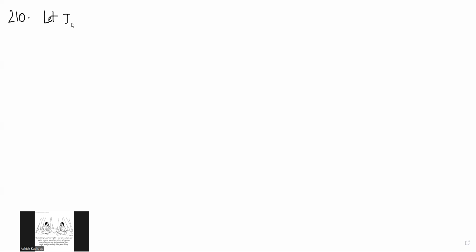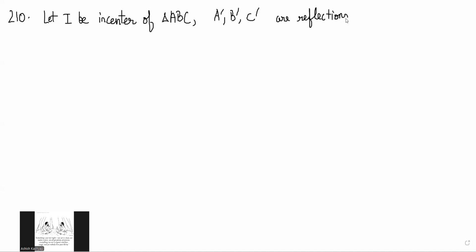Let I be the incenter of triangle ABC and A dash, B dash, C dash are reflections of I over AB, BC, CA respectively.